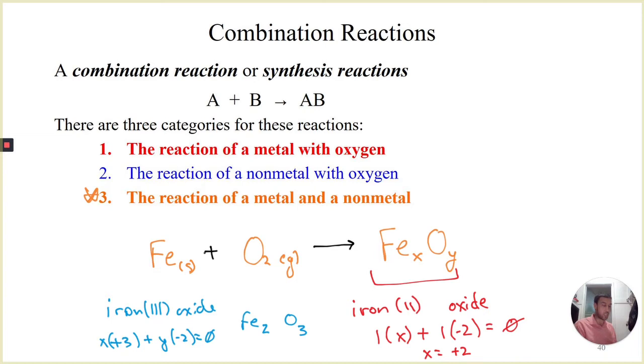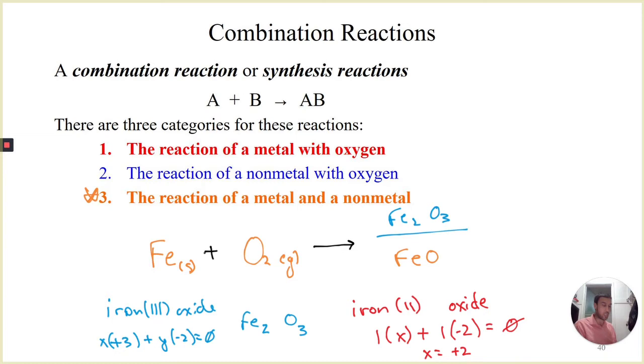So in this combination reaction, what should my product be? Should it have indeed been iron 2 oxide, or should it have been iron 3 oxide? Or for that matter, why not iron 4 or iron 6?